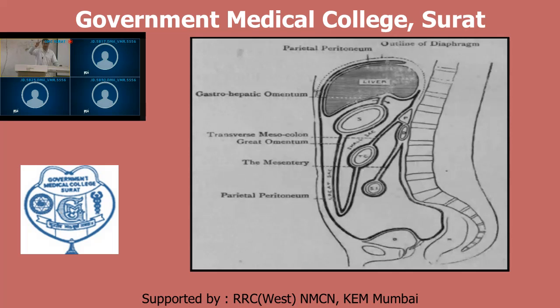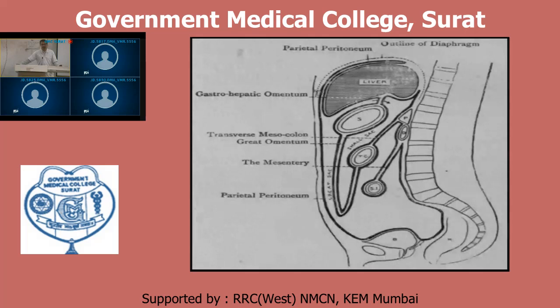From the urinary bladder, it will again get reflected to the lower aspect of the posterior surface of the anterior abdominal wall. As it is reflected from the urinary bladder, it will form folds again: the median umbilical fold, medial umbilical fold and lateral umbilical fold.